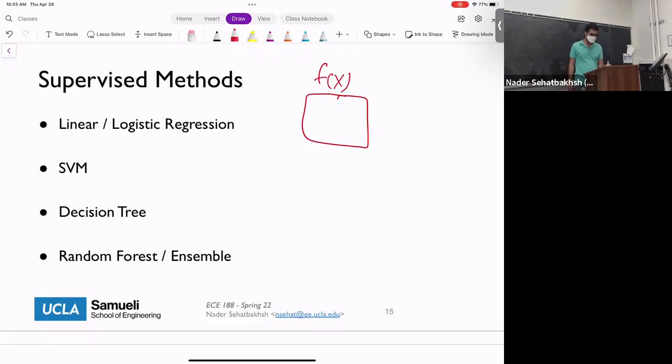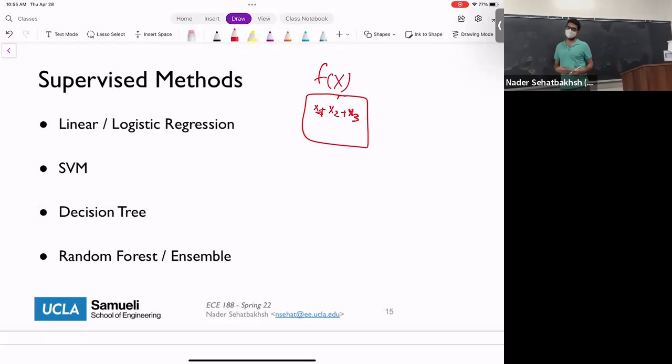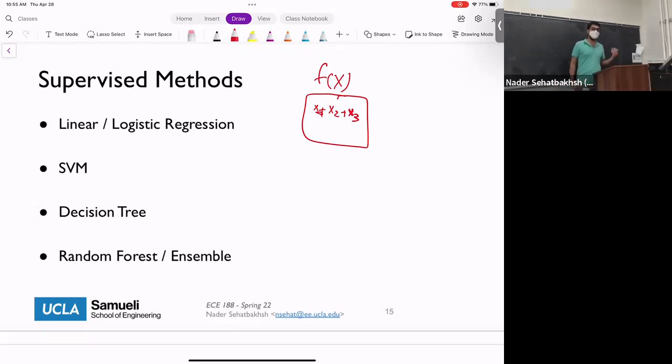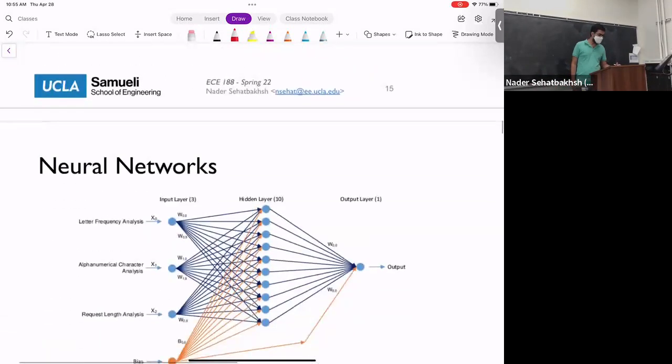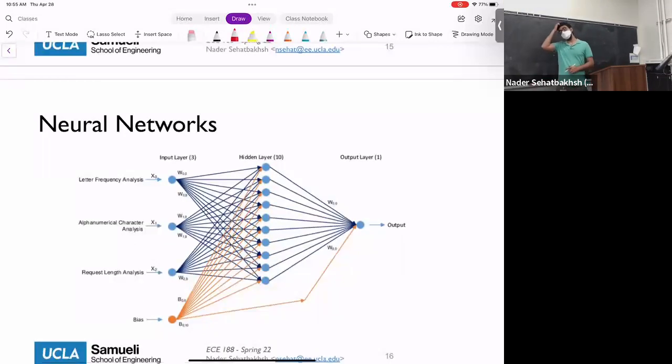Linear regression is, as I said, just a combination of some parameters. SVM, decision trees, and so on are slightly more complicated than that. If you're interested, go and check them out. But what we're going to mainly focus on is neural networks.